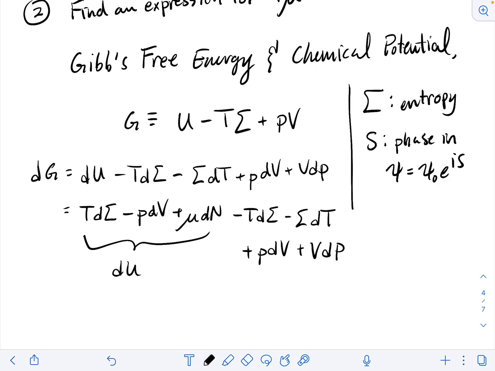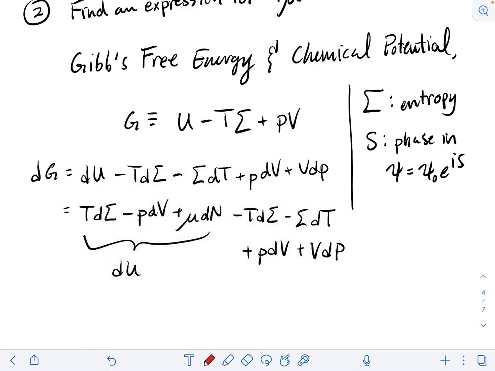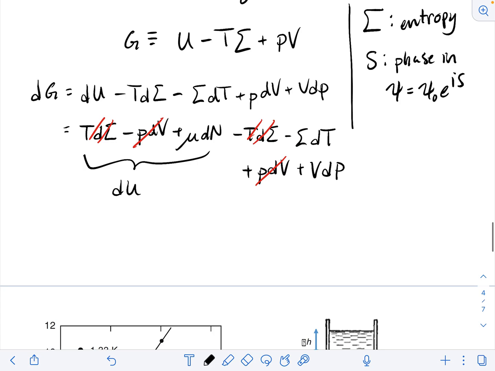And so there should be some cancellations here. P dV cancels, T dSigma cancels, and so we have three terms remaining. Therefore our dG can be written as mu dN minus Sigma dT plus V dP.